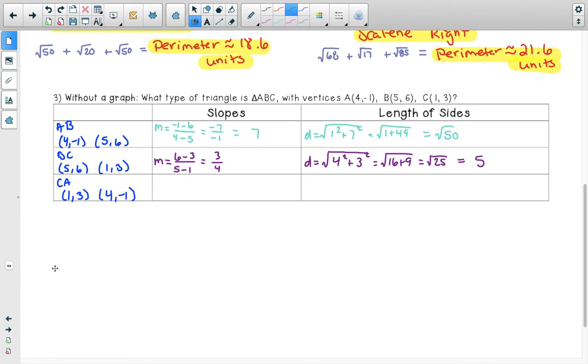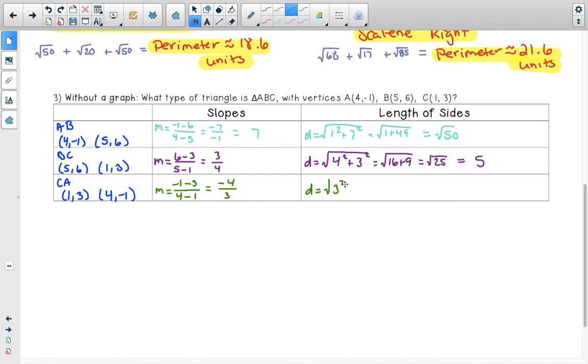And then we'll do our final side, which I'll do in green. So I have our slope. So y, -1 minus the next y, 3, over my x of 4 minus my x of 1. So I have -1 minus 3 is -4 over 4 minus 1 is 3. Then I have my distance equals the square root of, from 1 to 4 is 3 steps away.